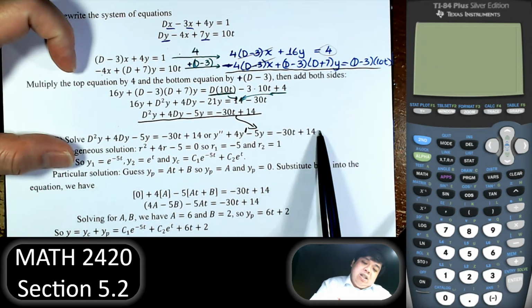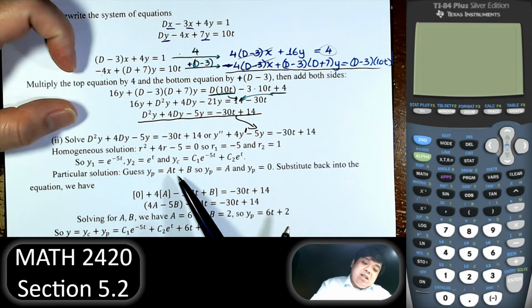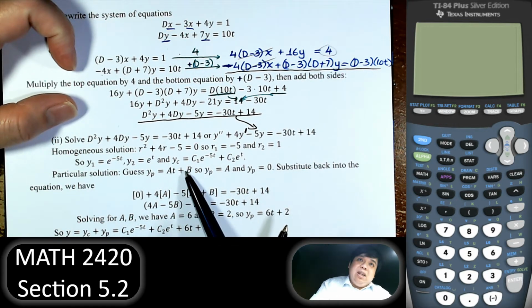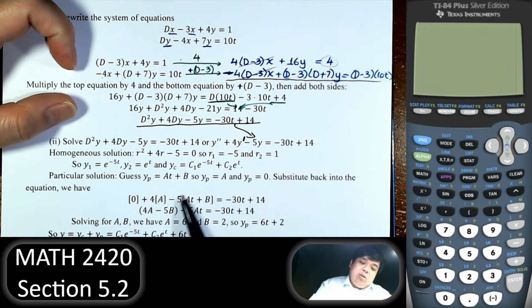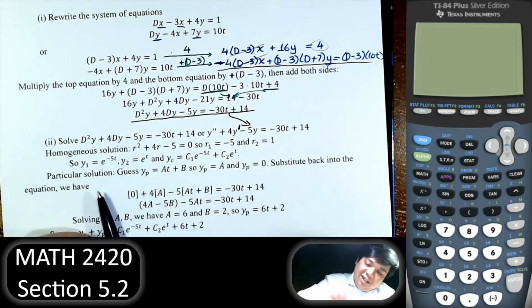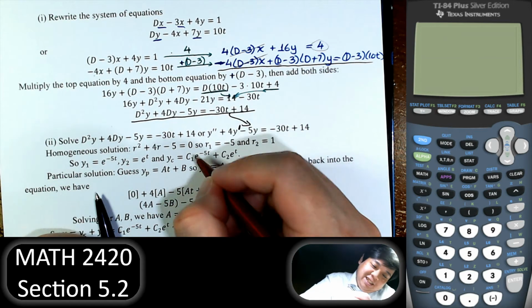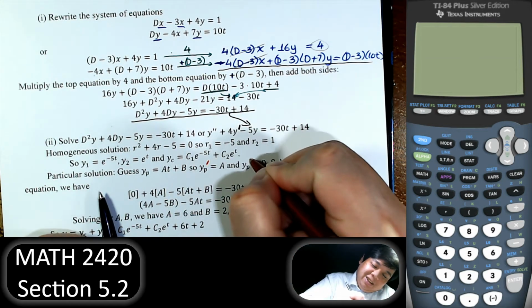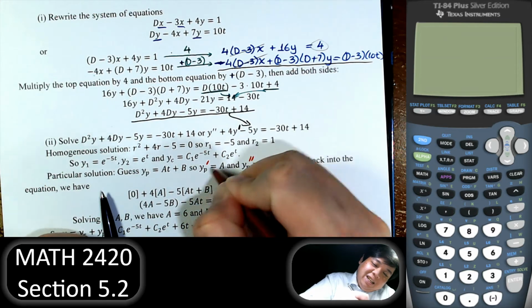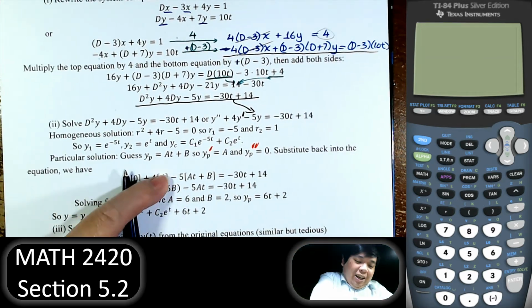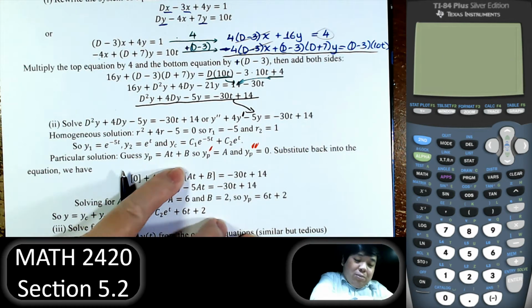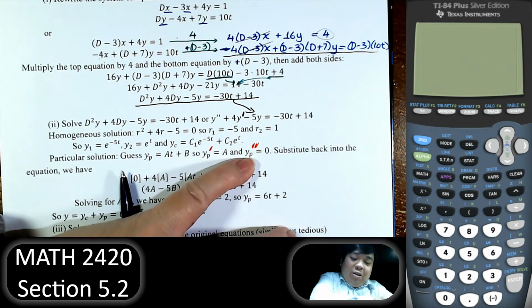For the particular solution, since it is in this form, we will guess that the solution is at plus b, take the derivative, and the second derivative. Sorry, I just copied and pasted and forgot to change. So the guess solution is at plus b, the derivative is a, and the second derivative is 0.